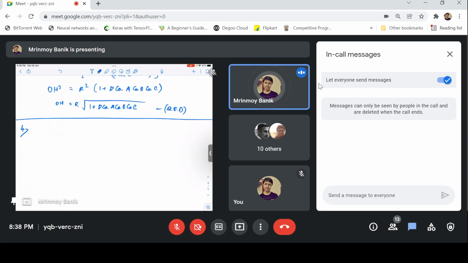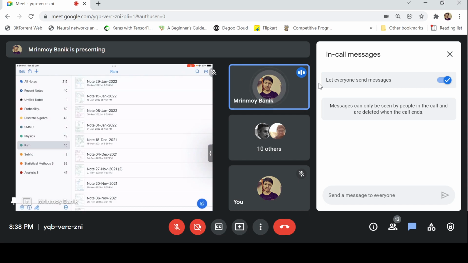So now excentres. It is better to copy paste that image.